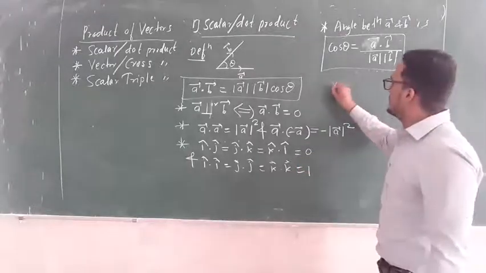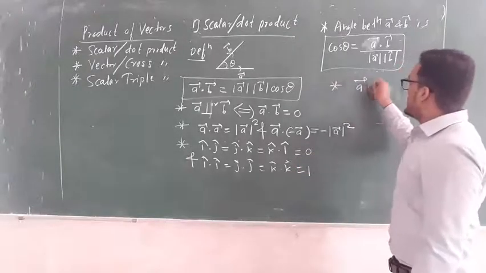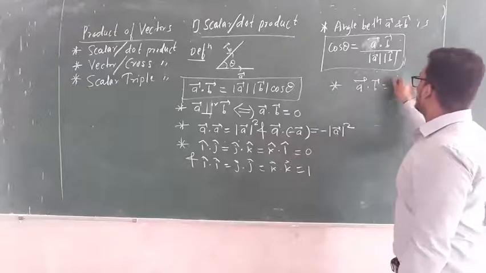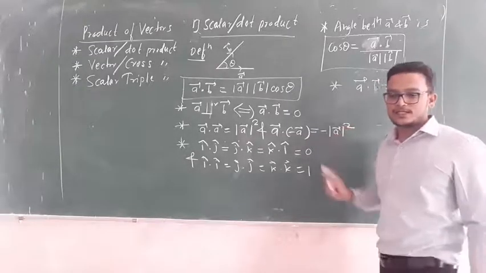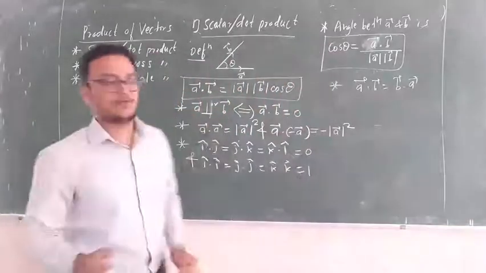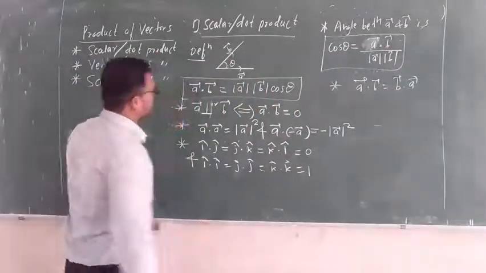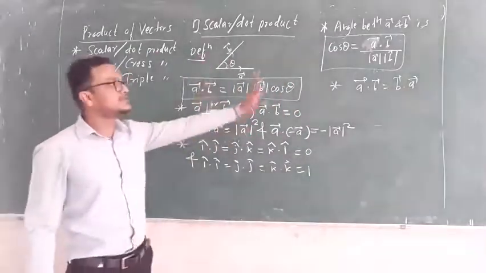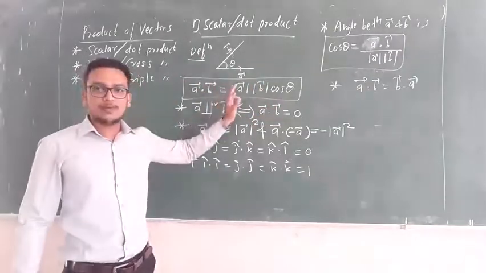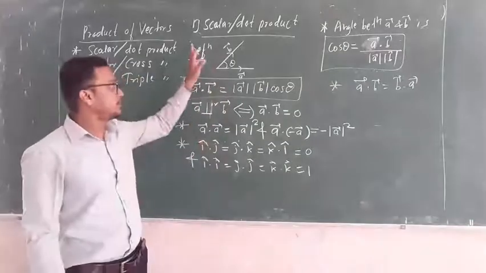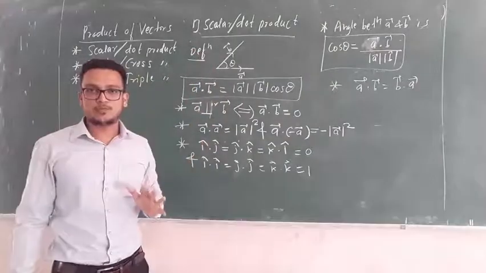And the last one: A dot B is equal to B dot A. Means the commutative property is satisfied for the dot product. If you are perfect with these properties, then you can easily solve the examples based on the scalar or dot product.